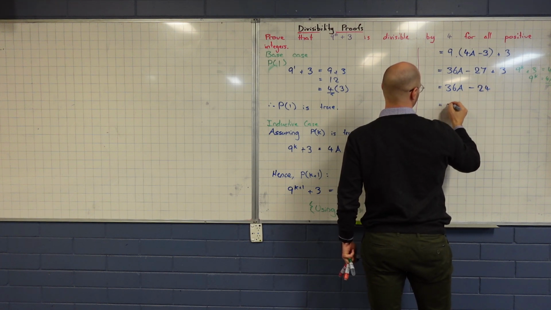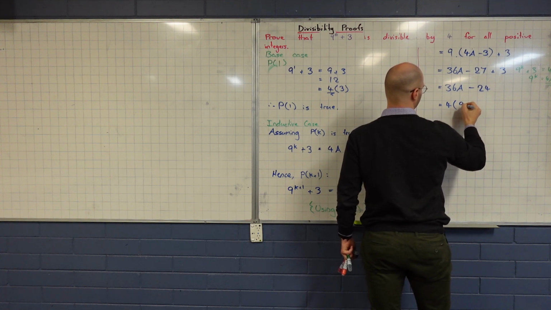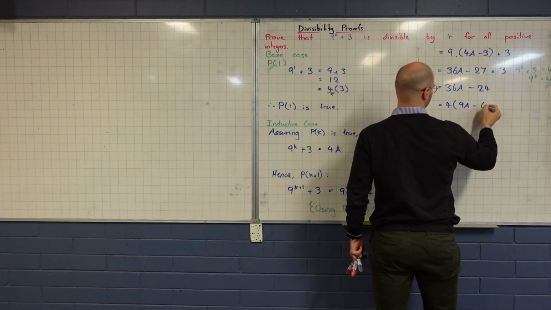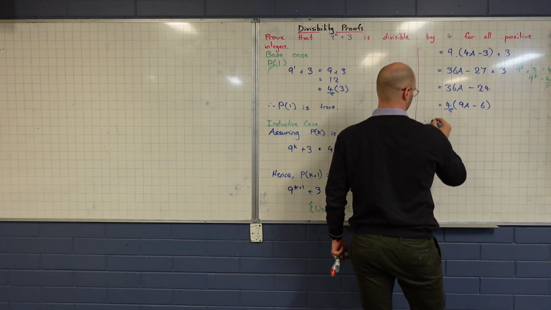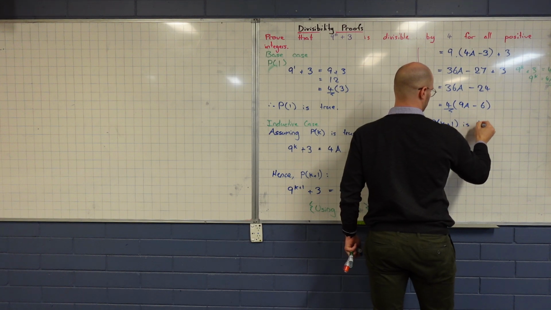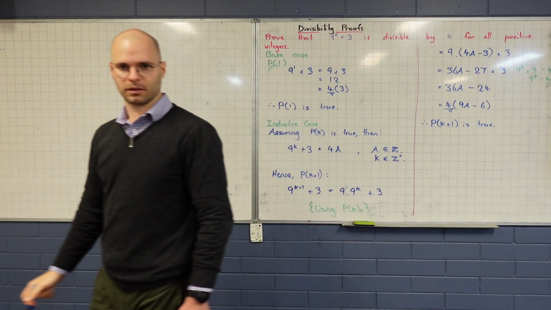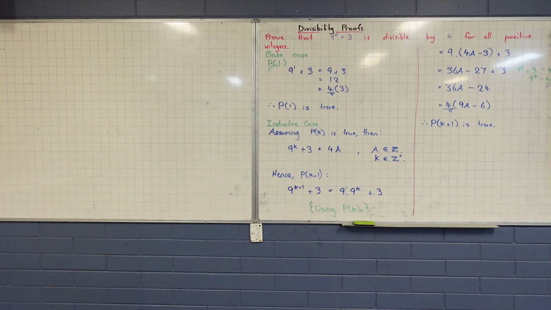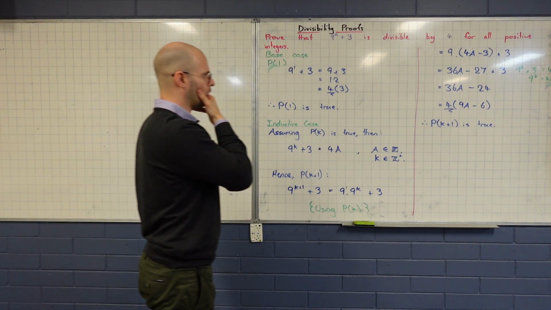And then factorizing for a factor of 4, we get 9a take 6. We cool with that? So the take, 9 times 4a take 3.